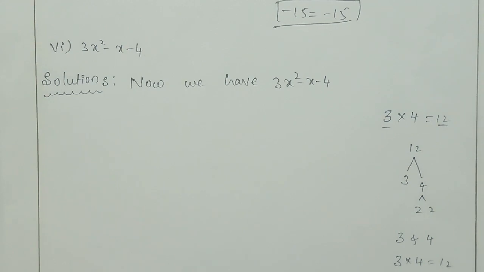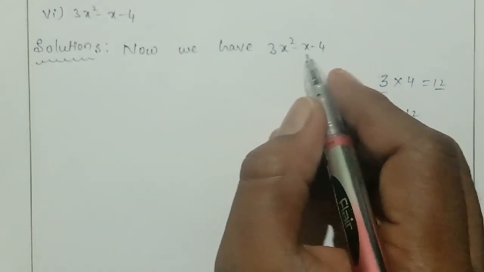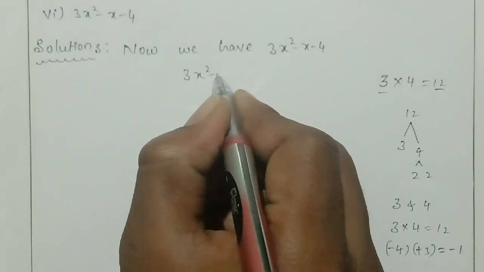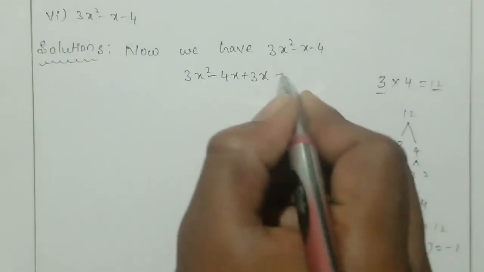And you can consider this as minus 4 and plus 3. Minus 4 plus 3 is minus 1, that is the coefficient of x. So I will write 3x square minus 4x plus 3x minus 4.